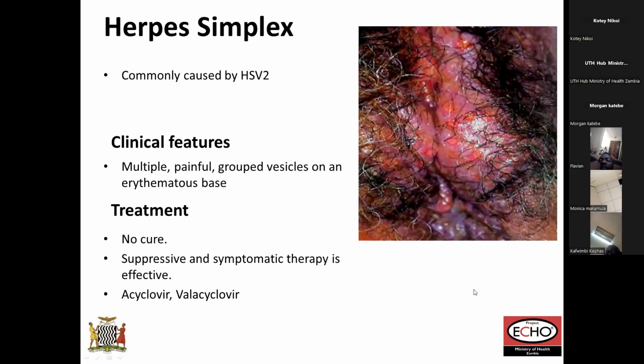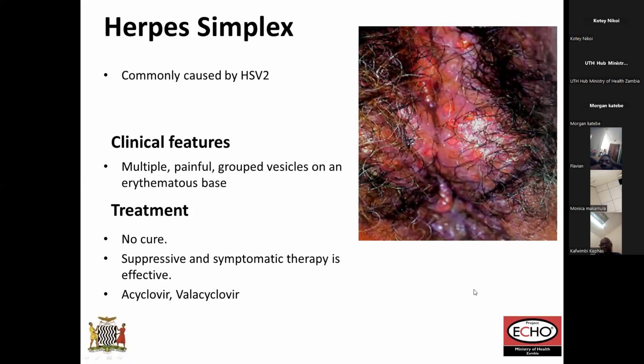So usually treatment, so there's no cure for HSV. When one gets exposed to it, like other human papillomaviruses, it remains in the body for life, and due to certain triggers, once in a while, someone may have the eruptions. So ideally, treatment is suppressive and symptomatic.